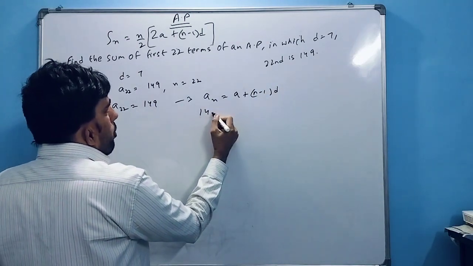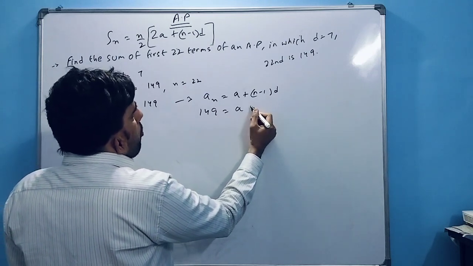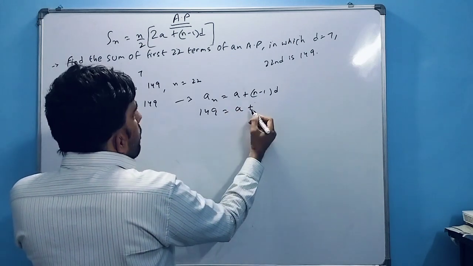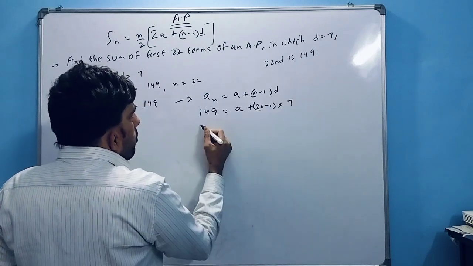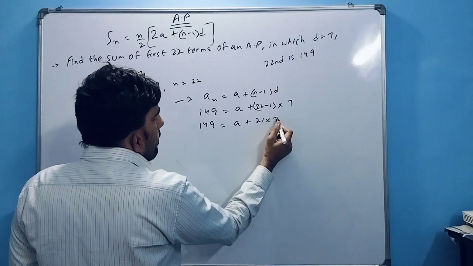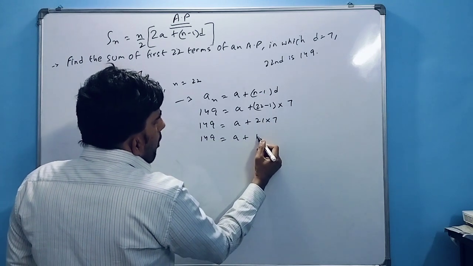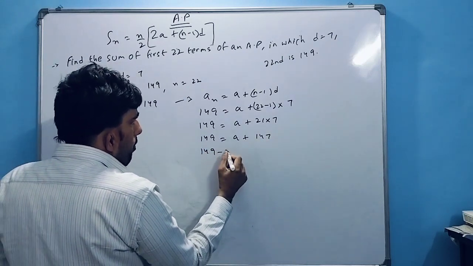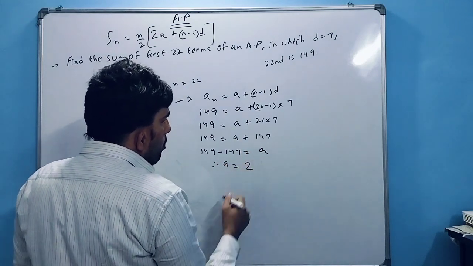Here they have given 149 equal to a, which we don't know, plus n minus 1, n we have 22, so 22 minus 1, and d we have 7. So I got 149 is equal to a plus 21 into 7. 149 is equal to a plus 147. When I subtract this value, what I got here is a, therefore a I got 2.